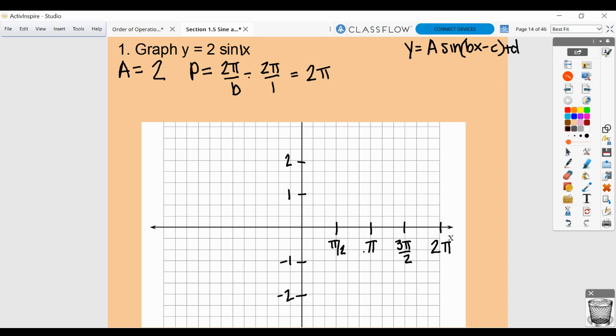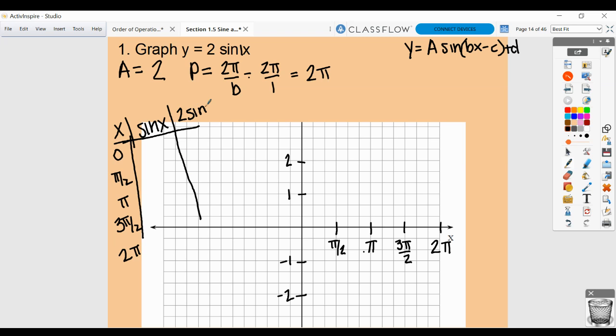Okay, so if you make a t-chart, and this is if you want to, I normally don't do this, you have x and then 2 sine of x. So your x values are 0, pi over 2, pi, 3 pi over 2, and 2 pi. The original function is sine x, and then we need to change the amplitude to 2 sine of x.